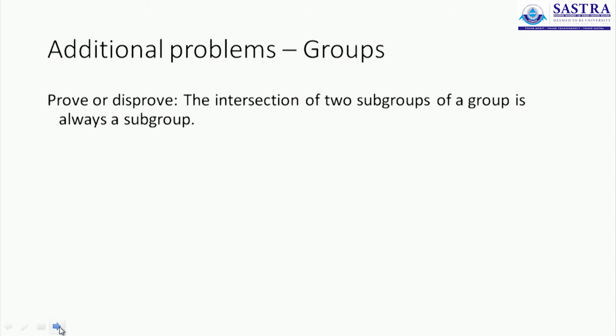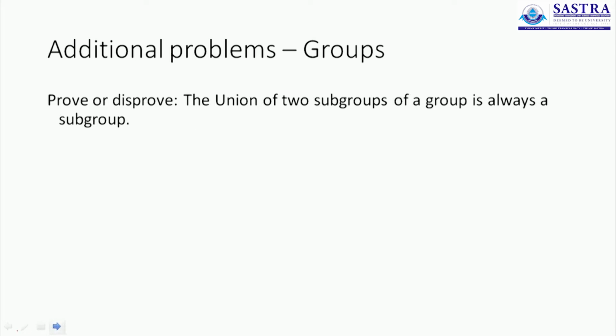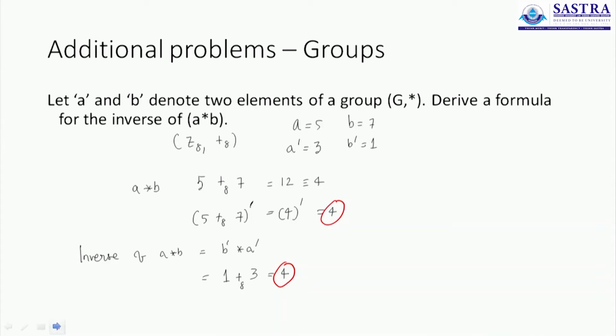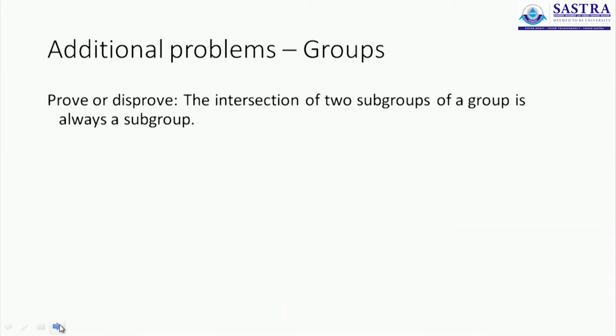We will have a look at one more problem to help you recall the idea behind subgroups. The question asks us to prove or disprove whether the intersection of two subgroups is always a subgroup. Now I'll explain the question using an example, and then we'll go into the problem as a proof.